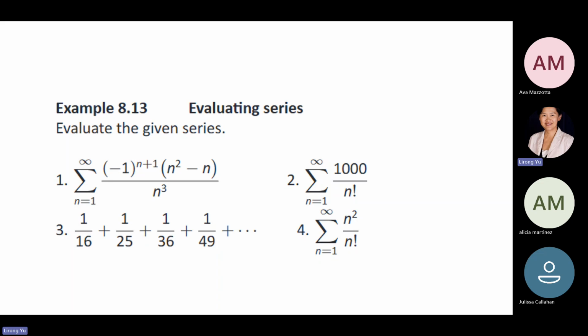When you look at question number 1, the first thing is we have n squared minus n. When you have a fraction, n squared minus n is a subtraction in the numerator, so you can turn the big fraction into a subtraction of 2 small fractions. So number 1 will be utilizing a little bit of algebra to rewrite it.